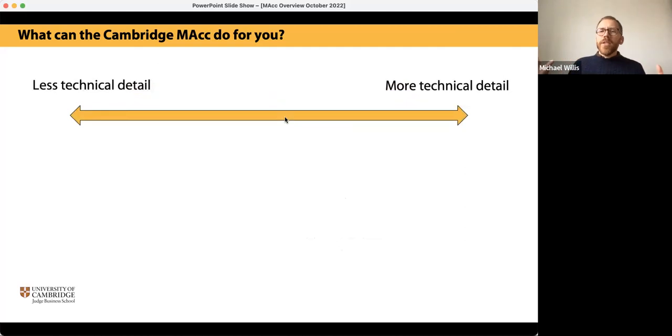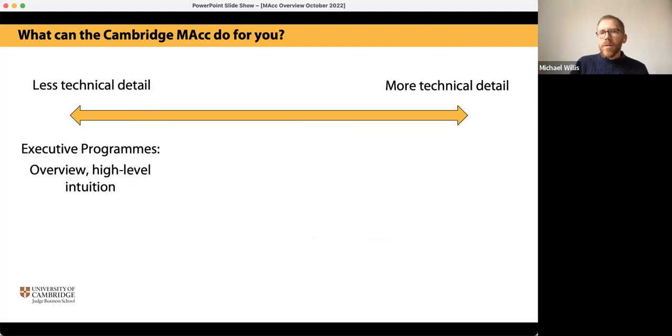So when you think about teaching data analytics, you might think about a spectrum of technical detail. There are programs that train analytics with less technical detail and programs that train analytics with more technical detail. On the lower end, you might see things like executive programs, non-degree programs designed for senior leaders that give an overview of analytics technologies and a very high level intuition about what they do.